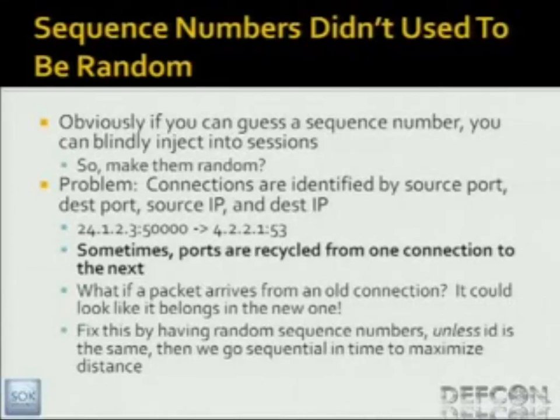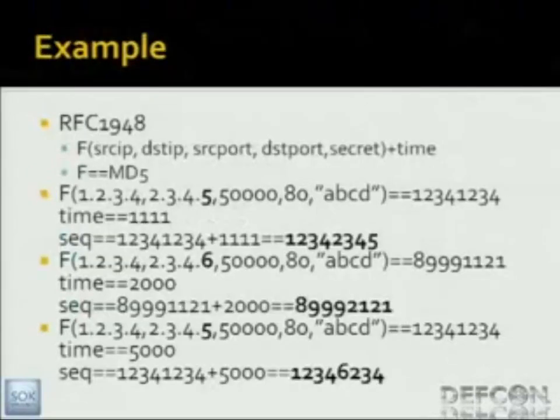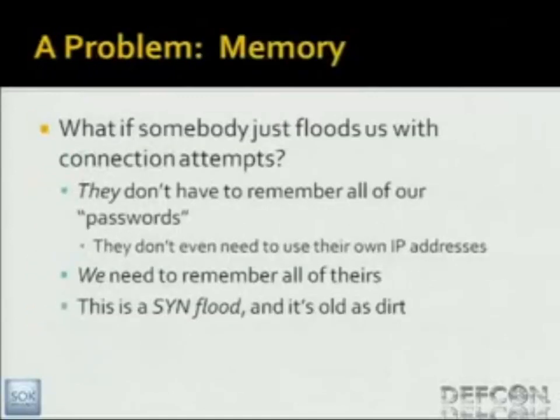The game is to have random sequence numbers unless the ID is the same. Then we go sequential. That's done with a hashing function where you hash all the data with the secrets, you get some absolute number, and you add time. So if you have a slight difference, 2345 to 2346, the numbers become much different. But if it's absolutely identical, it becomes sequential with time.